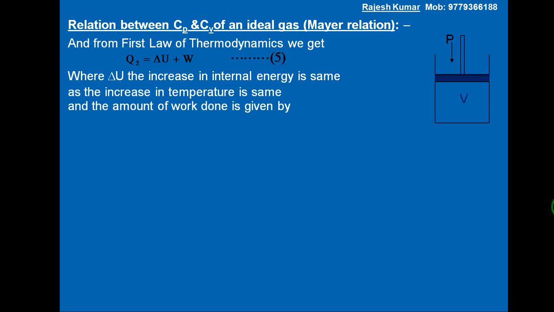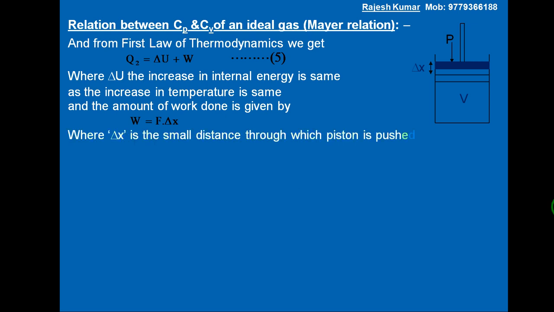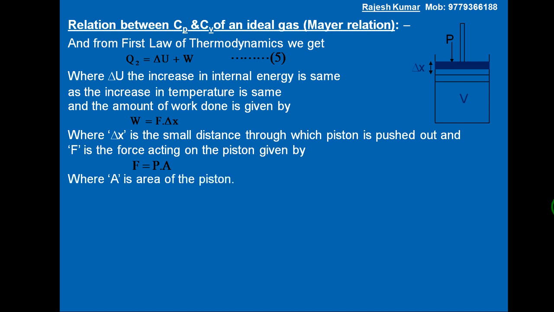and the amount of work done is given by, see in the diagram, in the expansion the piston moves through a small distance delta x. W is equal to F into delta x, where delta x is the small distance through which the piston is pushed out, and F is the force acting on the piston, given by F is equal to P into A, pressure into area, where A is the area of the piston.